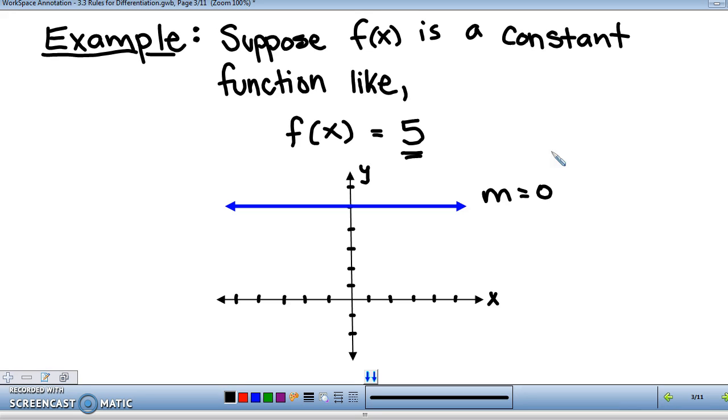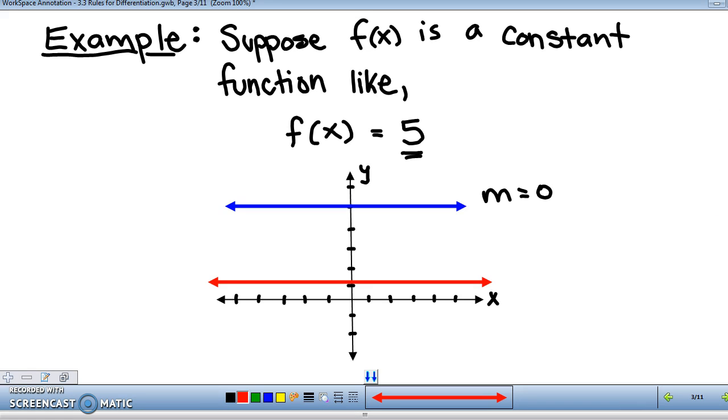Remember that the derivative is just the slope. So if the slope is 0, then the derivative is 0. And this applies whenever the function is a constant function.